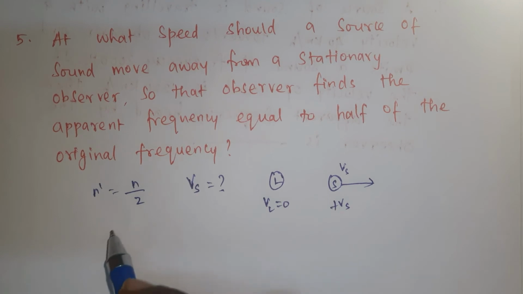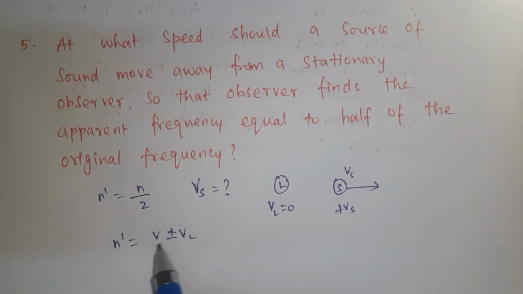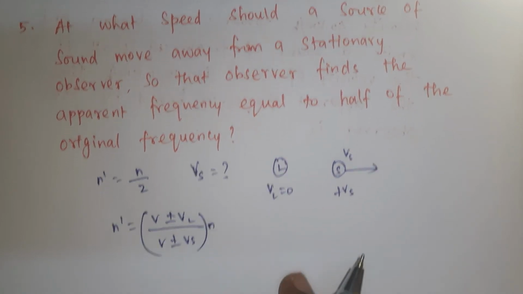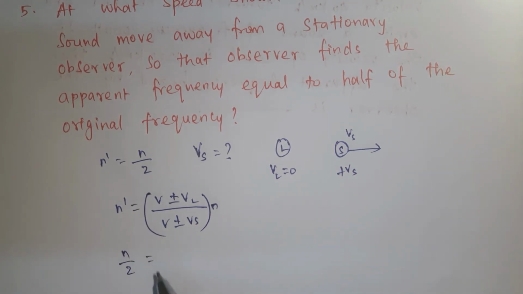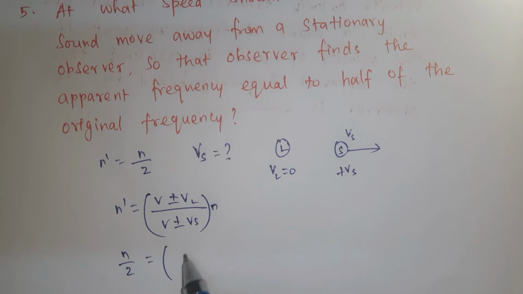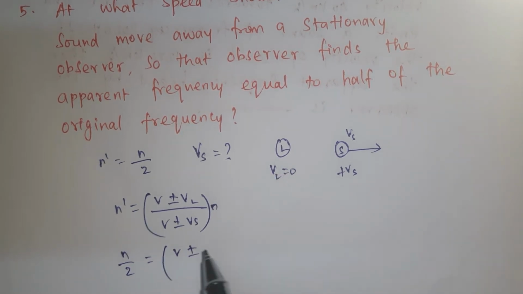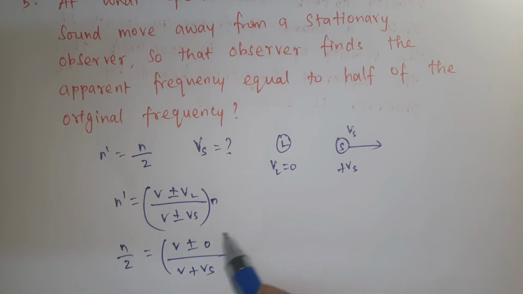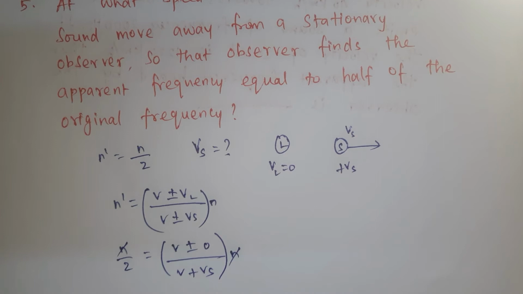Now the general formula for the Doppler effect, n dash is equal to (V plus or minus VL) by (V plus or minus Vs) into n. Now the n dash value is given, n by 2 is equal to (V plus or minus VL, here VL value is 0 because of the stationary observer) divided by (V plus or minus Vs), so take plus, positive Vs, into n, so this n is going to be cancelled.